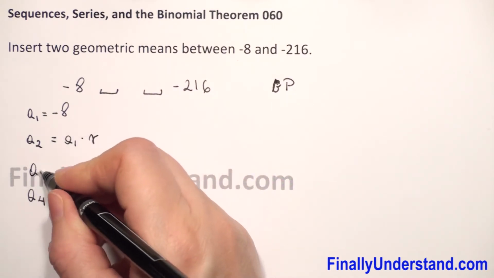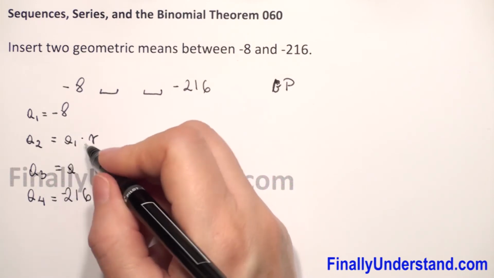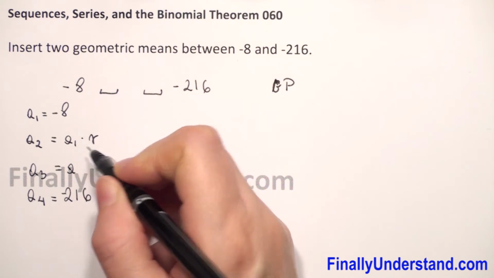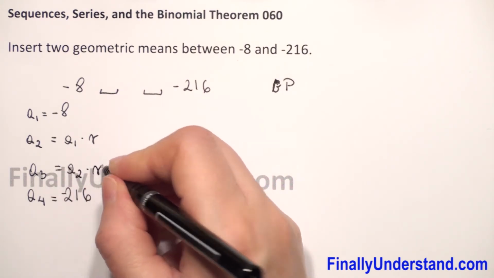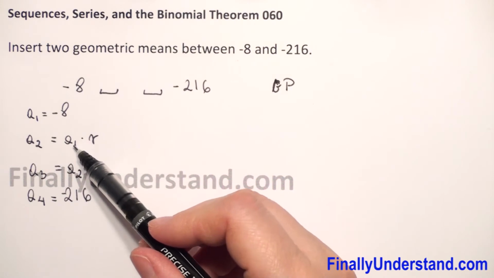The third will be the second term A2 times r, so we also have to multiply. So we need this r, because we have A1.